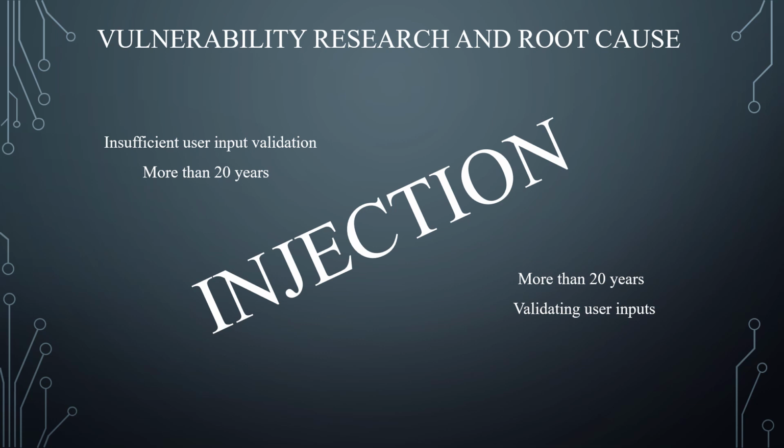Okay, finally, it is the vulnerability research and root cause. Injection, and that is with emphasis. What is an injection attack? When a threat actor introduces harmful input into a web application, computer, server, or database, and the input is processed and then triggered, it can cause hardware or software to crash or be corrupted.